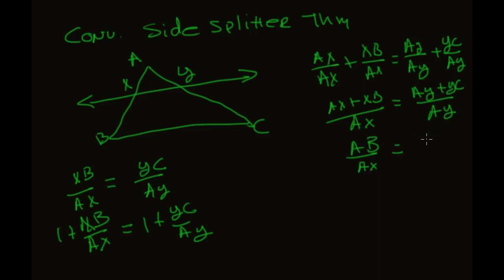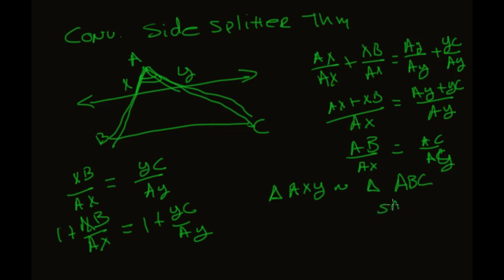Well, AX plus XB is just AB over AX. AY plus YC is just AC over AY, which gives me that this side is proportional to its whole. That side is proportional to its whole. A is congruent to itself. So I have triangle AXY is similar to triangle ABC by SAS similarity.